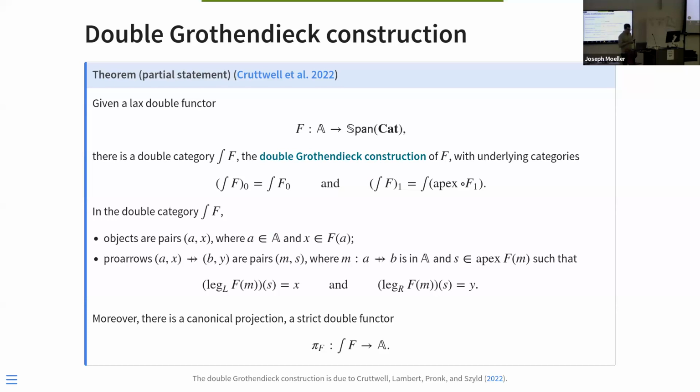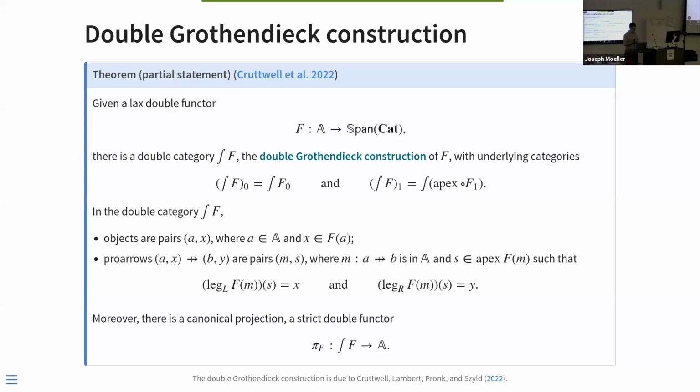The data for the double Grothendieck construction is a lax double functor from any old double category A into the double category of spans of categories. And given such a thing, you can construct a new double category, its Grothendieck construction, where, okay, so this is a common sort of theme in double category theory too. How do you do a double categorical construction? Well, you first do it on the category of objects, and then you do it on the category of morphisms, and then moreover, you ensure some sort of compatibility with the external composition and identity.